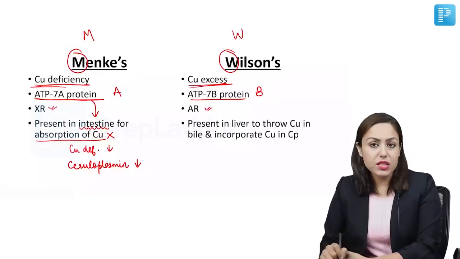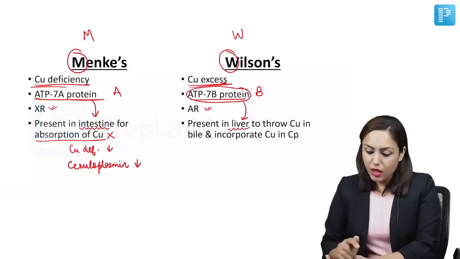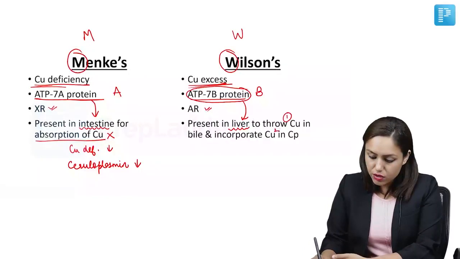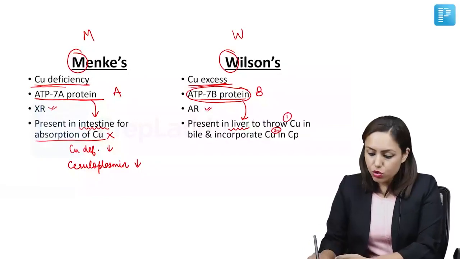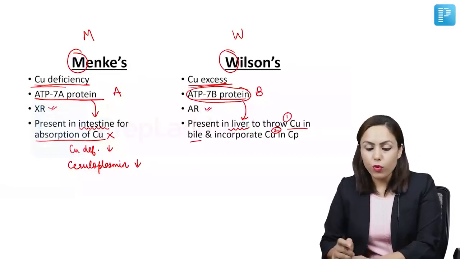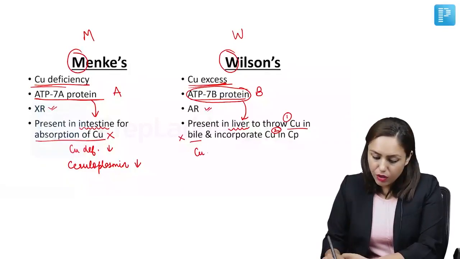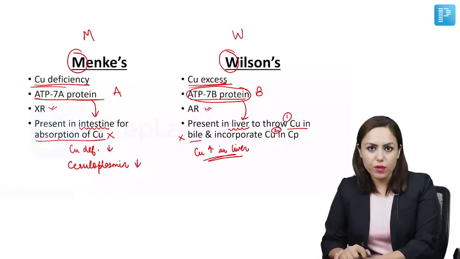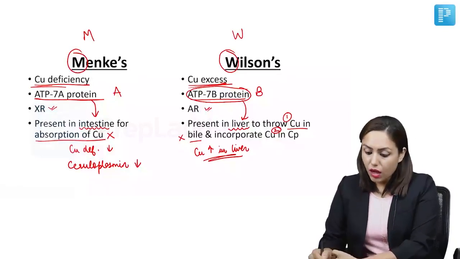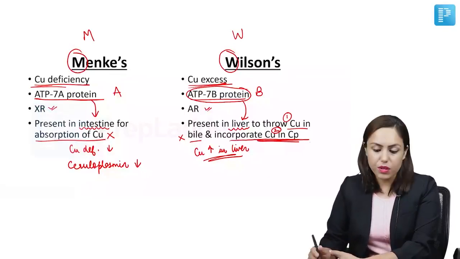Then Wilson's disease. The defective protein is ATP7B protein. It is present in the liver. It has two functions. One is to throw copper out of the body via bile. So this won't be done now. Copper is not thrown out of the body via bile. So there will be copper increased in the liver and copper excess in the body, right? Then the other function of this protein is to incorporate copper in ceruloplasmin.